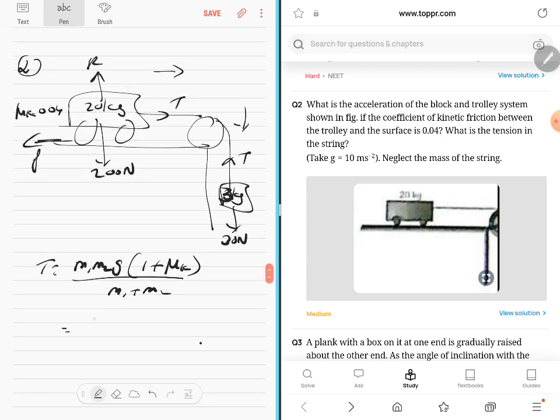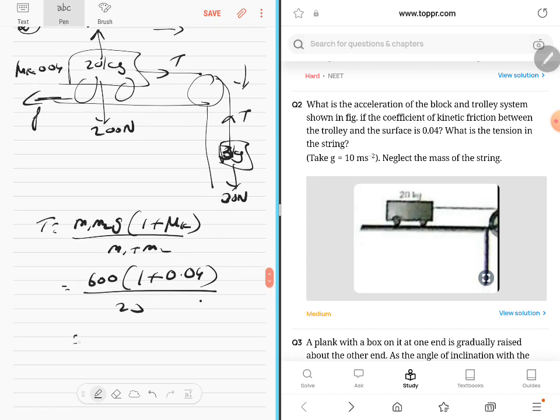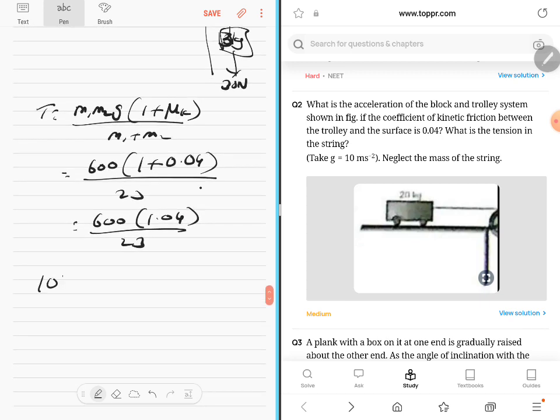It's m1 into m2, 60, into gravity makes it 600, 1 plus 0.04 by m1 plus m2, which is only 23. So it's 600 into 1.04 by 23. 104 into 6 is 624, so it's 624 by 23, which will be 27 point something approximately Newton.